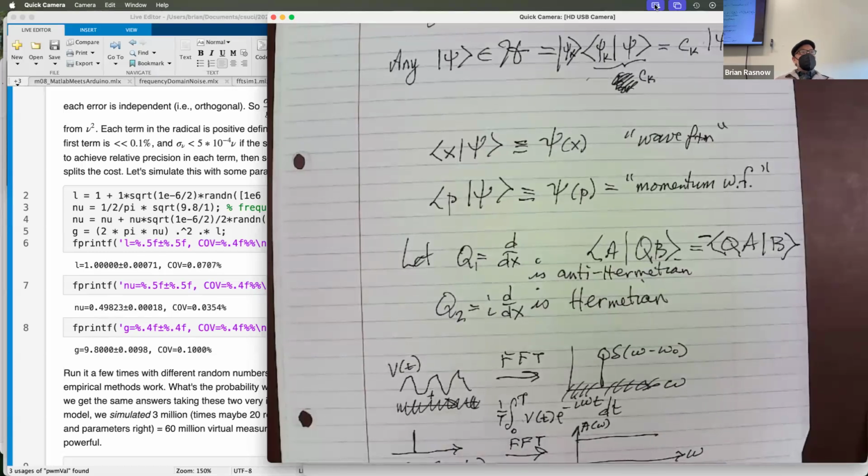A sine wave isn't normalizable, because over space it just keeps on going. You'd like your wave function to go to zero as we reach the ends of the universe, and this thing doesn't go to zero. So it's a little bit problematic.